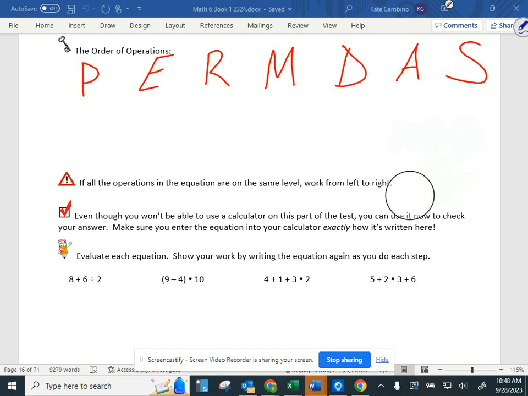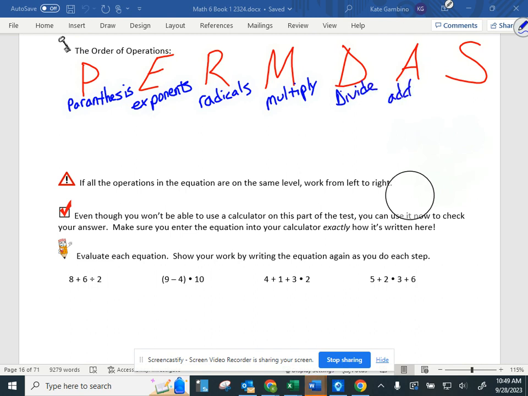We have parentheses, exponents, radicals, multiply, divide, add, and subtract. We don't just want to know what all those letters mean.